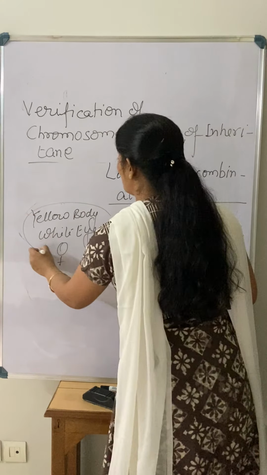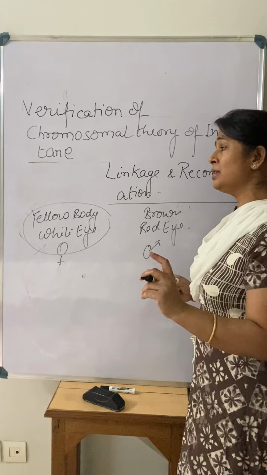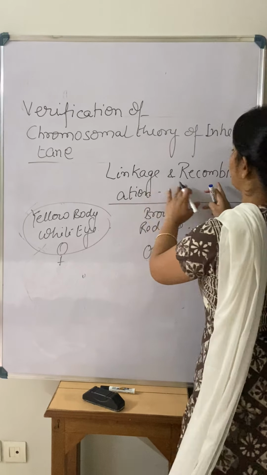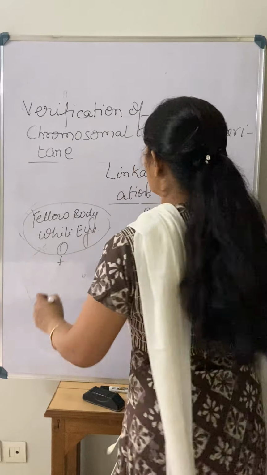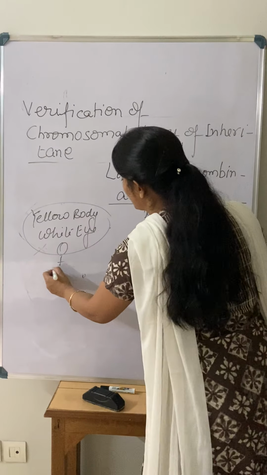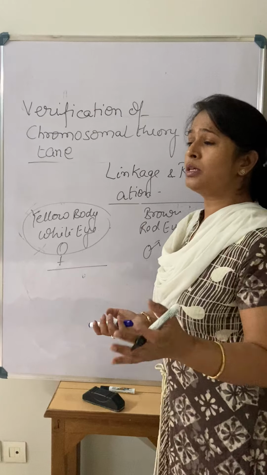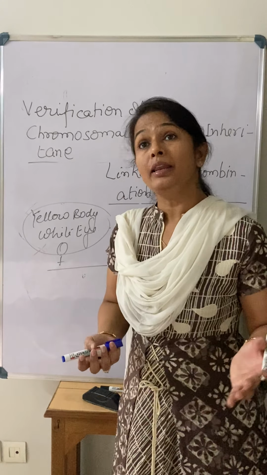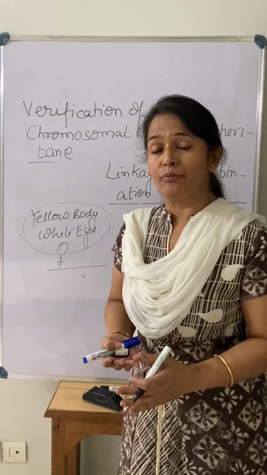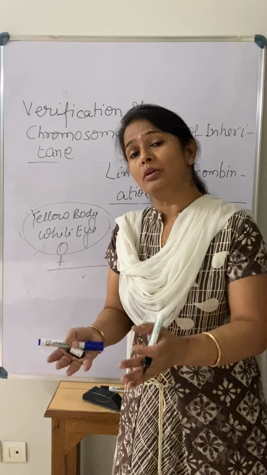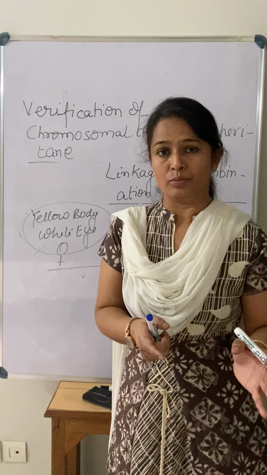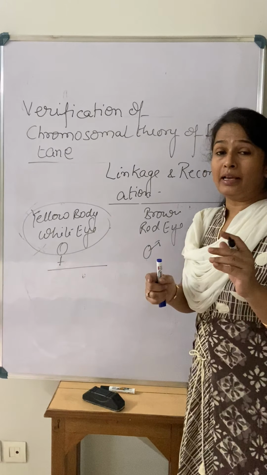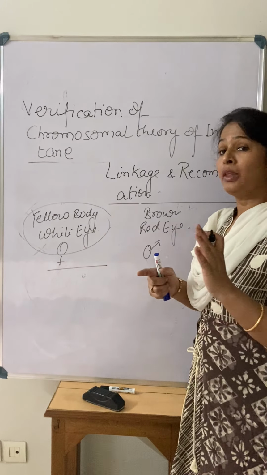And here the genes are located on the same chromosome. When we talk about linkage and recombination, we are talking about genes present on the same chromosomes. If we talk about the female, when crossing over takes place and the information is inherited from parents to offspring, we are talking about the X chromosomes, which carry all the genes.